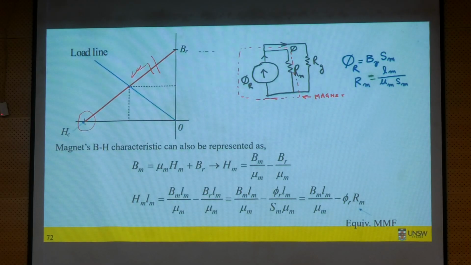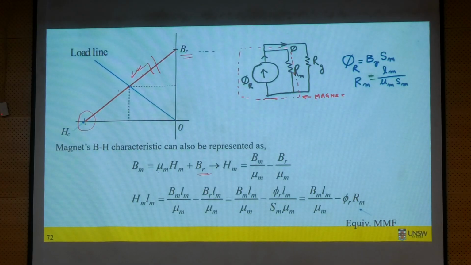So we can represent this straight line quite simply like a straight line equation, right? It has an intercept on the y-axis, so that's your BR. That's the intercept of the straight line, and the slope of this straight line is your permeability, not relative permeability.